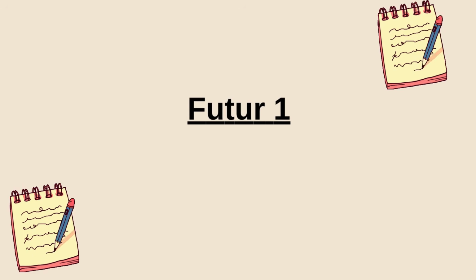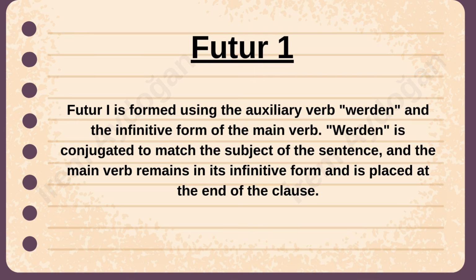The future tense in German, Futur eins, we call it like this in German. This tense is formed using the auxiliary verb werden and the infinitive form of the main verb.